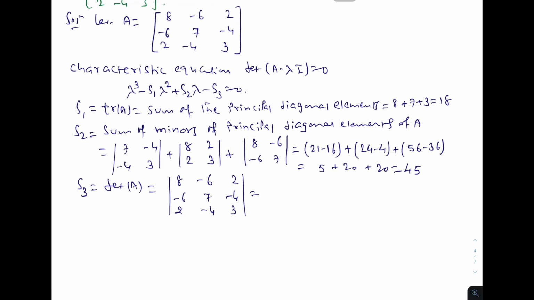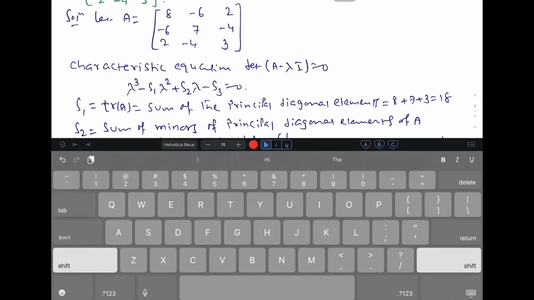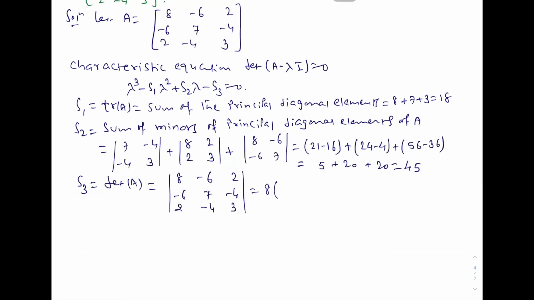Now it is easy to find the determinant. 8 times these 4 elements, 7 3s are 21 minus 16, then minus, and minus 6 is there, so that will be plus 6, and we have the 4 elements.